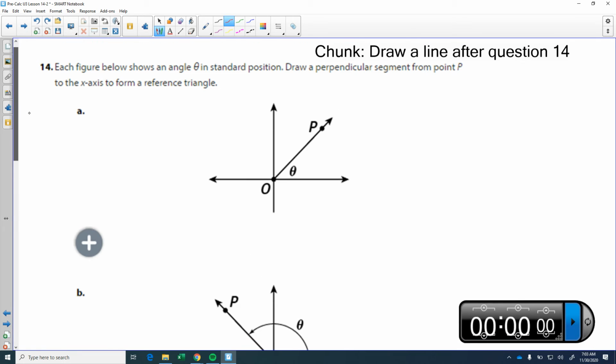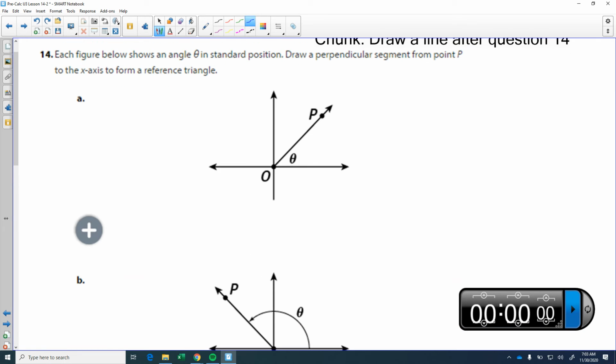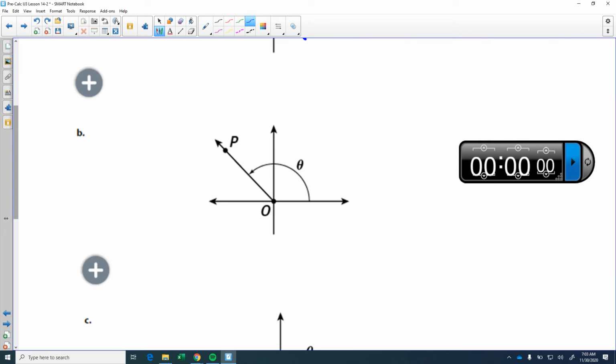So for example, if I want to create an actual triangle using letter A here, I can draw a line straight down from my value of P. And if you notice, I have X, Y, and the hypotenuse with a particular angle. This also creates a right triangle, which I can use. But how does this work in other quadrants? For example, like letter B, okay? How can I create a triangle out of that?